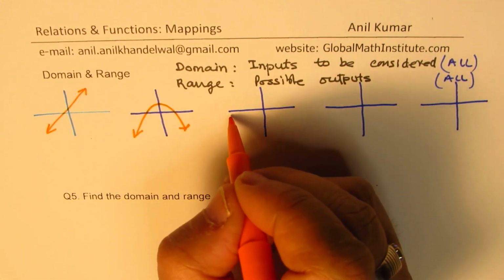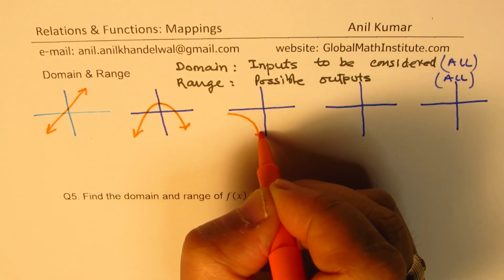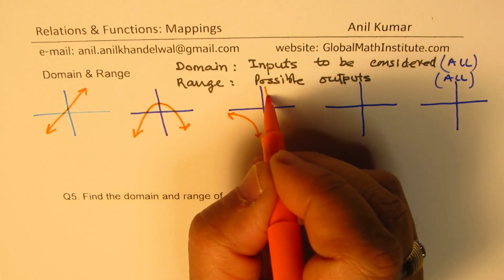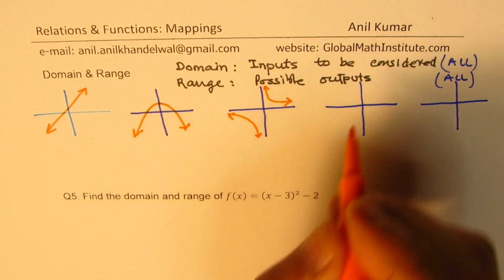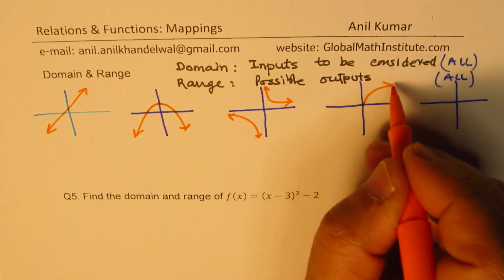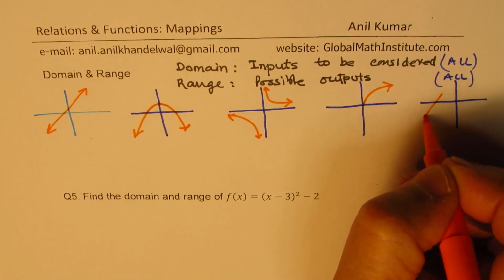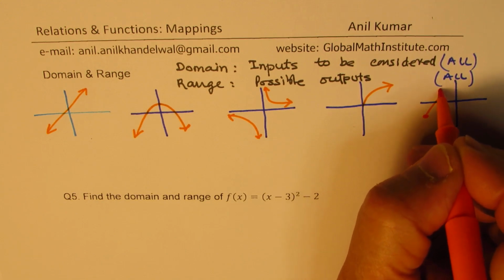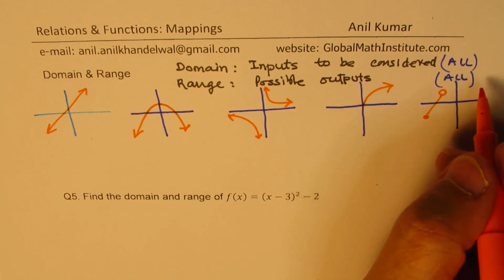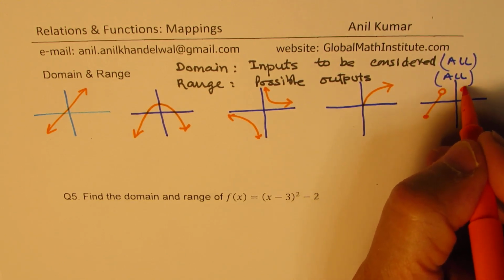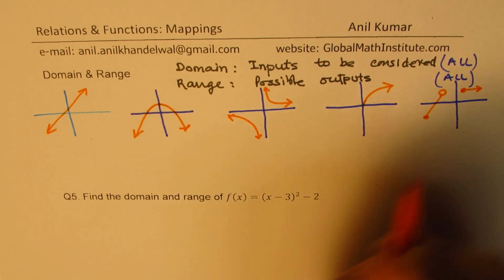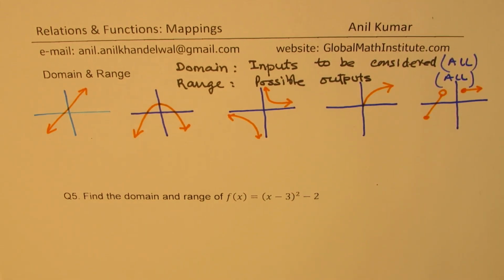We could have a graph which is like this. We could have a graph which could be like this. Or we could have a graph which is broken like this. Okay. All these are graphs of functions since they pass vertical line test.